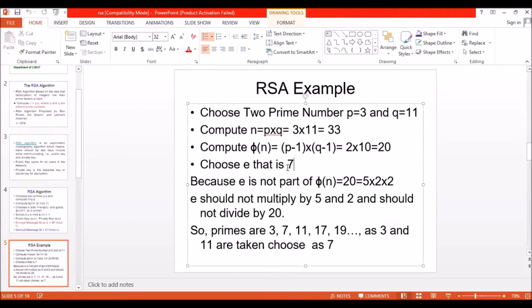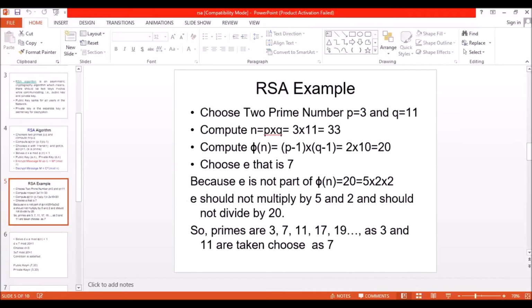We select e equals 7 as the public key because e should not share a factor with phi of n equals 20, which is 5 into 2 into 2. So e should not be a multiple of 5 or 2 and should not divide 20. So we select the number 7.